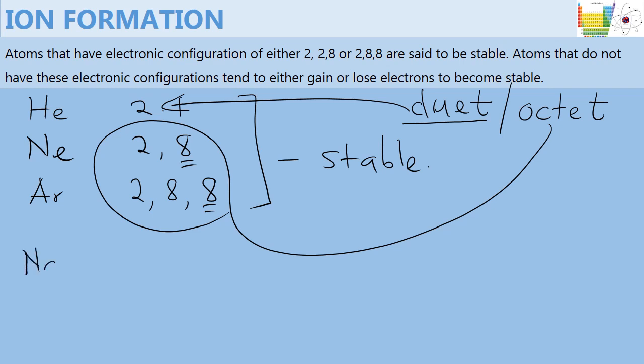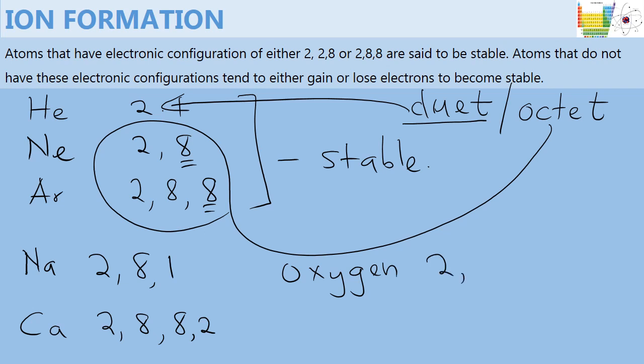Elements such as sodium, which has electron configuration 2, 8, 1, calcium, which has configuration 2, 8, 8, 2, oxygen with configuration 2, 6, and a simple one like lithium, which has a configuration of 2, 1, are not stable because they do not have either of these 3 stable configurations.